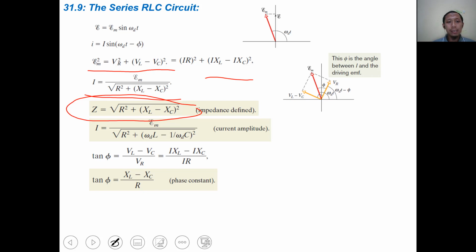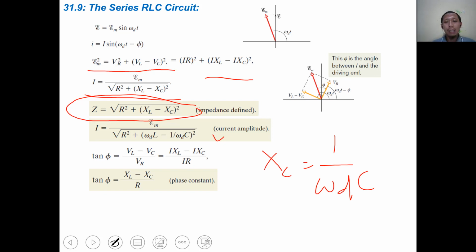And then for the current, we have to convert XL to omega d L. So I is equal to Em over the square root of R squared plus omega d L minus 1 over omega d C squared. Because XC is 1 over omega d C, we can convert the expression like this.